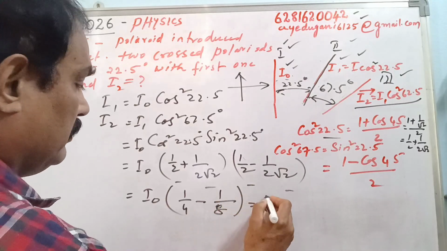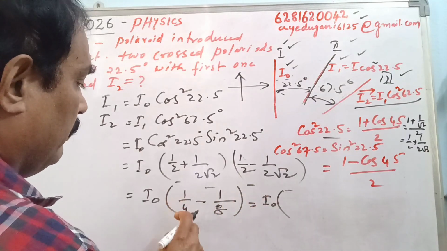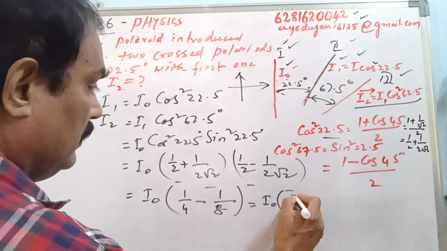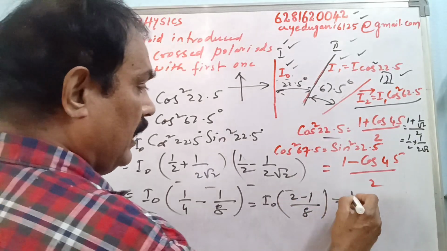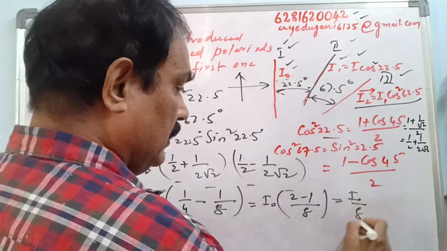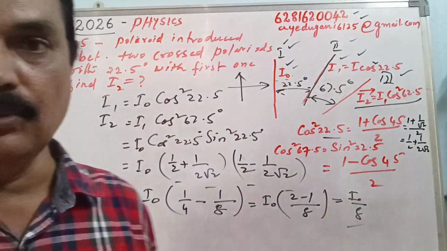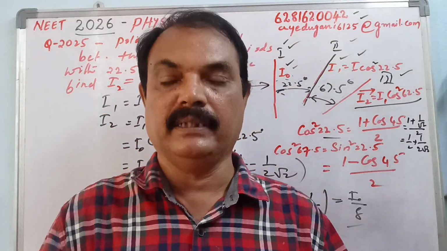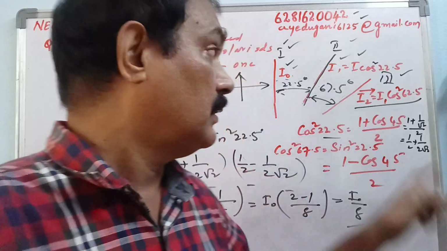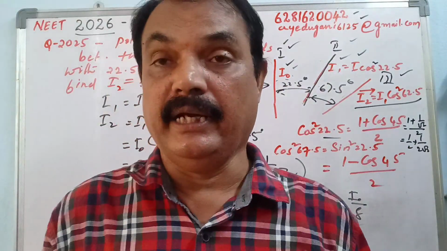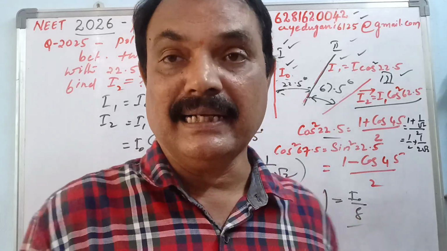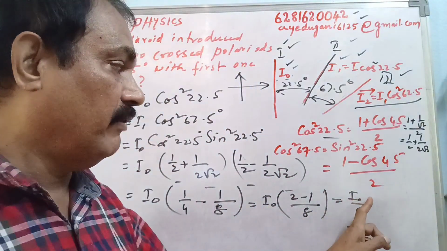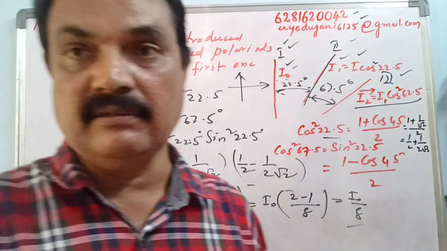So then when you go here, I2 is I0 times (1 by 4 minus 1 by 8), so 2 minus 1 by 8. If you take the LCM, I0 divided by 8. Children, this is the method you have to follow. The intensity with which it comes out from the third Polaroid is 8 times reduced. In the options you have to select I0 by 8. This is the way you have to do it.